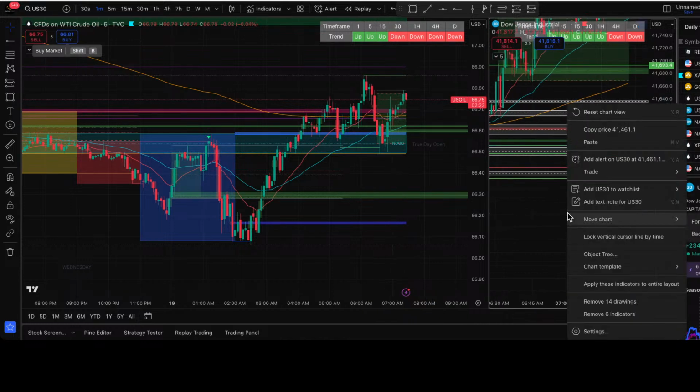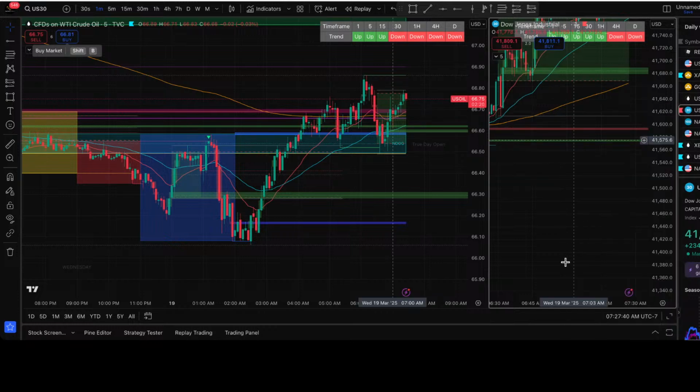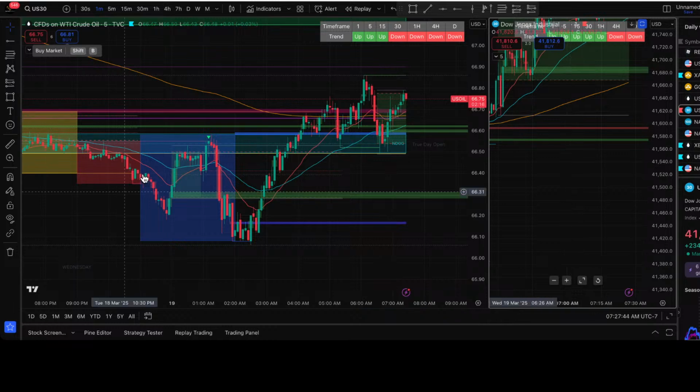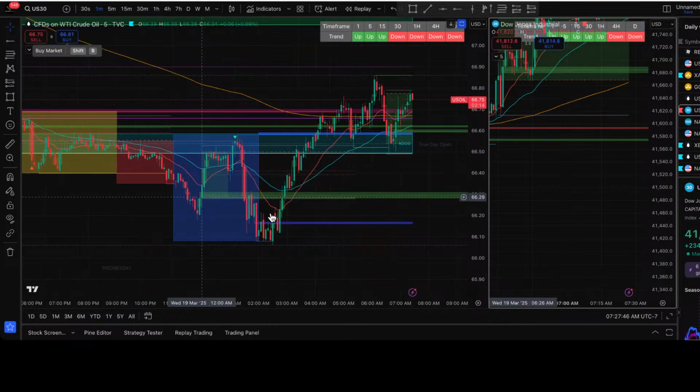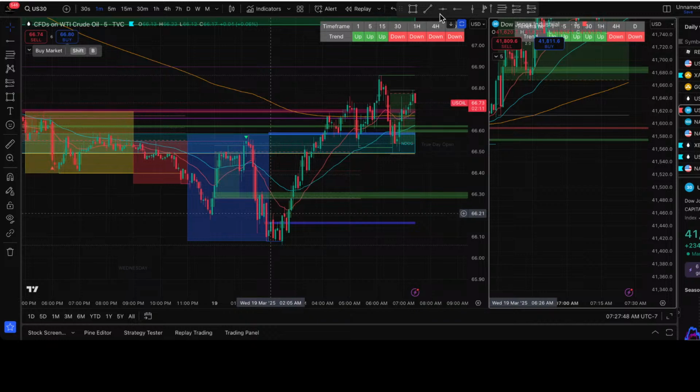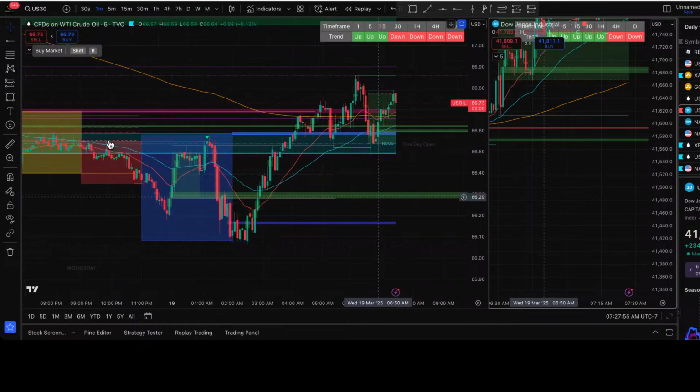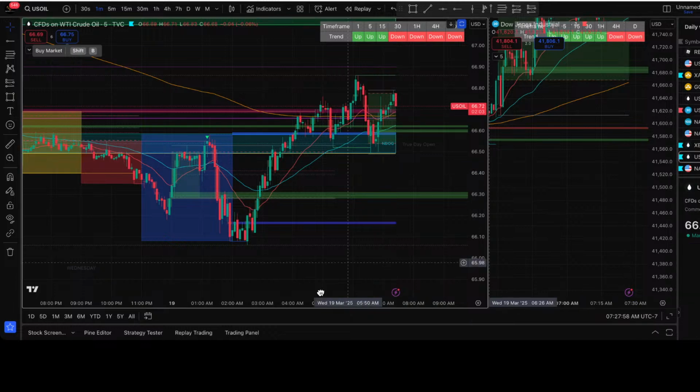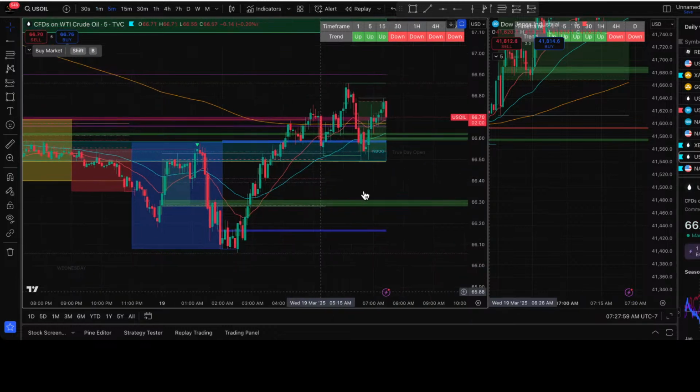This is an older chart. Let's get rid of it. So with oil, we have a downside expansion model. We're red on the daily, the 4 hour, the 1 hour, and the 30. We have a sell model, and we manipulated down.